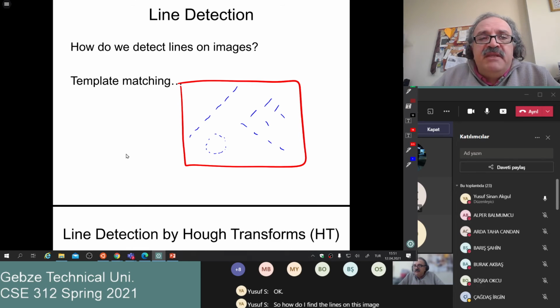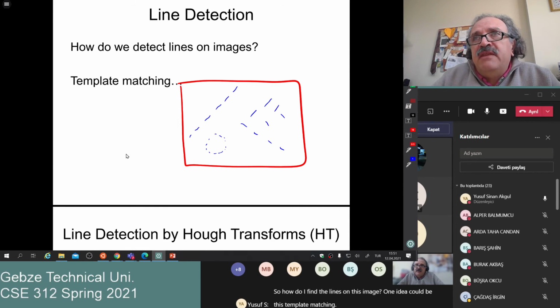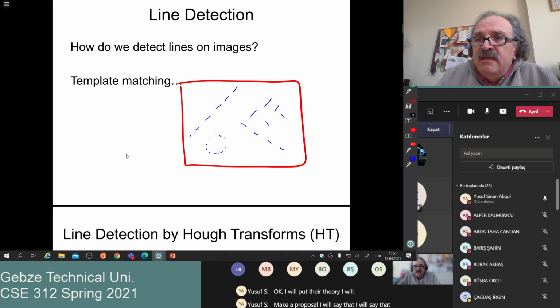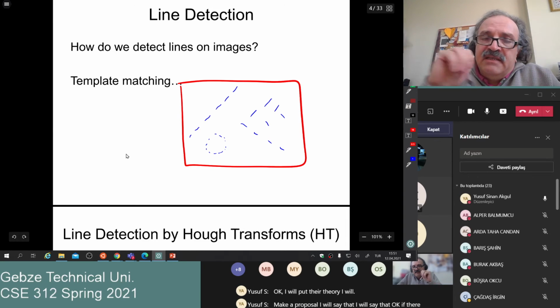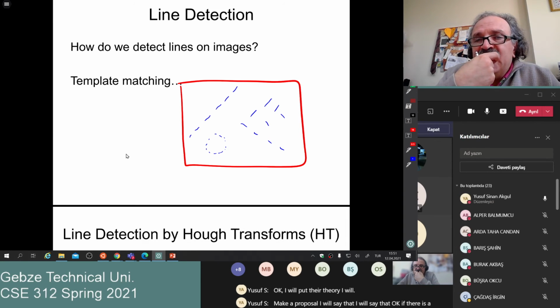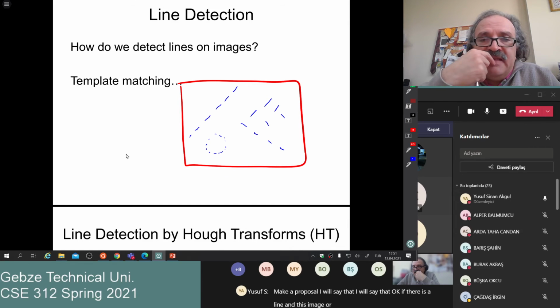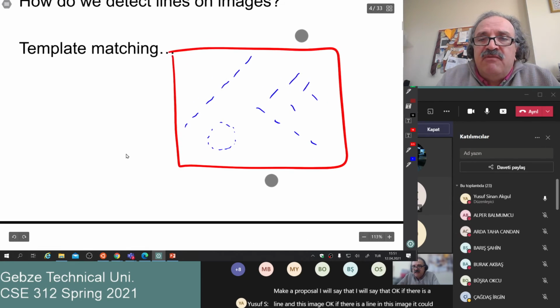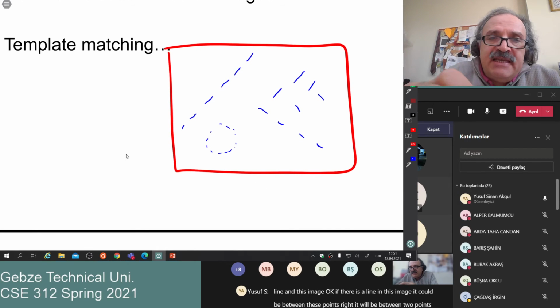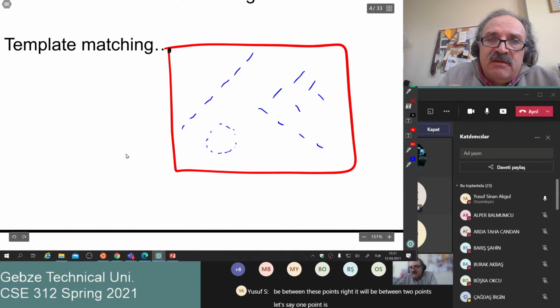One idea could be this template matching. Okay, I will put a theory, I will make a proposal, I will say that okay, if there is a line in this image, it could be between these points, right? It will be between 2 points. Let's say one point is here on the corner, the other one is here, okay.